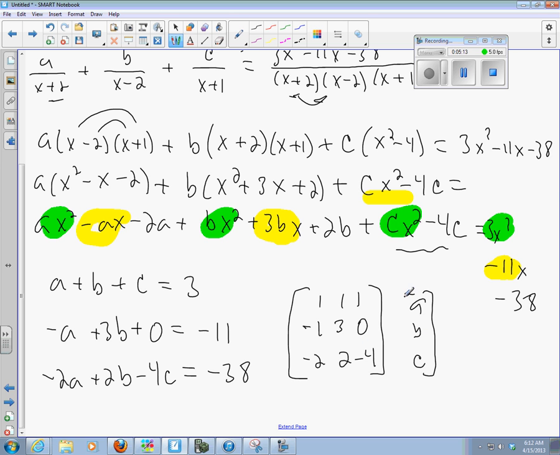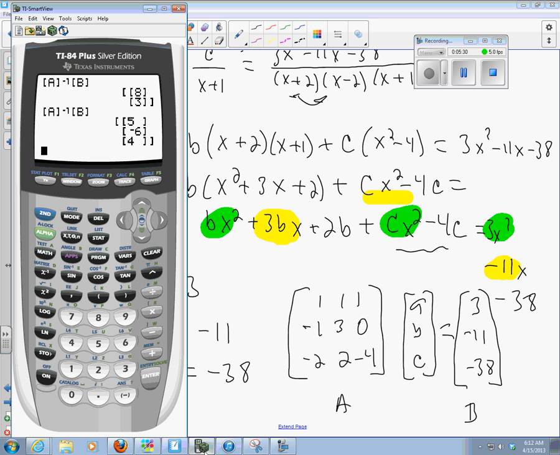If you want to dispense with writing that part of it, you certainly can. 3, negative 11, and negative 38. So this is going to be my A matrix, and this is going to be my B matrix. You can either use that applet or the calculator. I'm going to use the calculator since I already have it in.